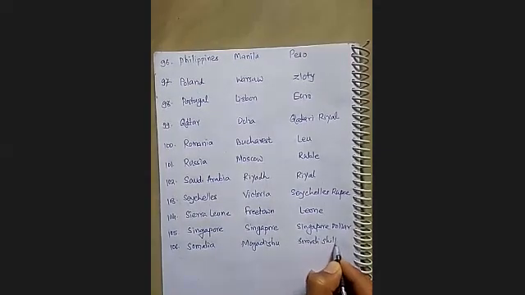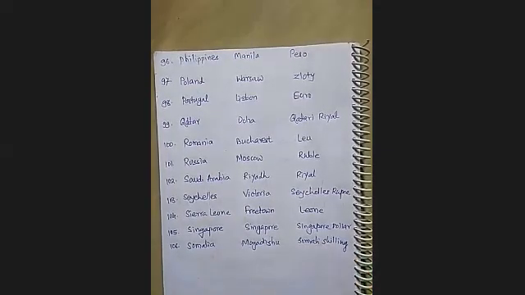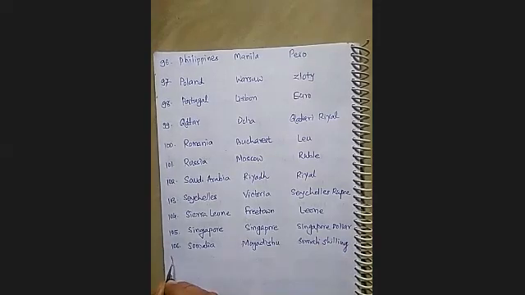Yes, we will consider the country whose capital is Damascus and Syrian pound, right? But before that, we will write some other countries and then we will go for Syria.